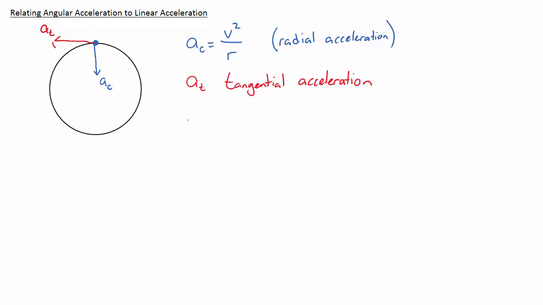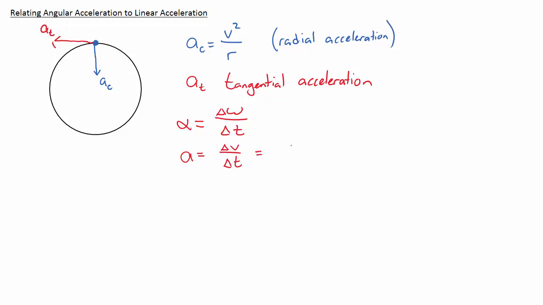We know that alpha, the angular acceleration, is equal to the change in omega divided by the change in time. If we try to relate this to our linear acceleration, we know that the acceleration is equal to change in velocity divided by change in time.